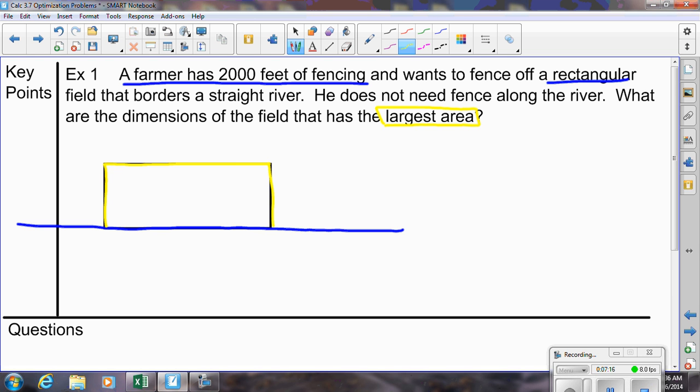Well, do we understand what's going on with the problem? Yeah, so far it seems like we've got a pretty good grasp of what's going on. We have our picture, but we could still go through and start assigning some variables.